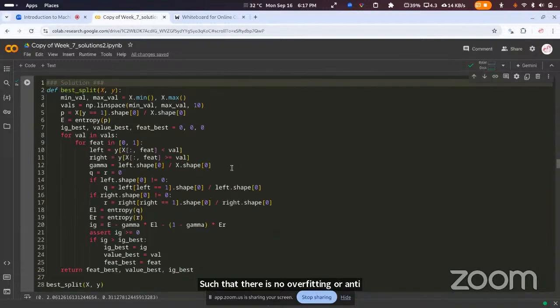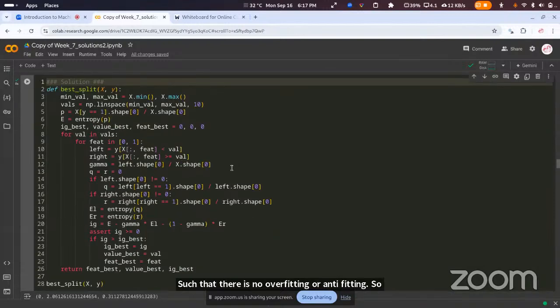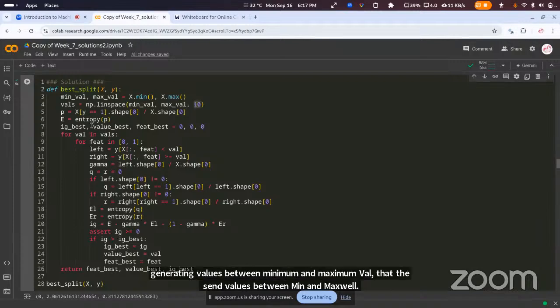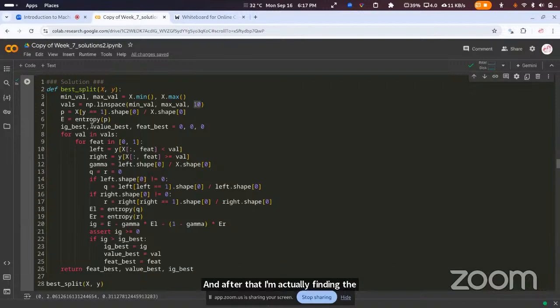First I'm taking the minimum values and maximum values from the data set and populating them into variables. Then I'm generating 10 values between min val and max val. After that, I'm finding the proportion of points which belong to class 1. Here we are not checking whether the point is correctly classified or not. We are just checking if the point belongs to class 1 or class 2.